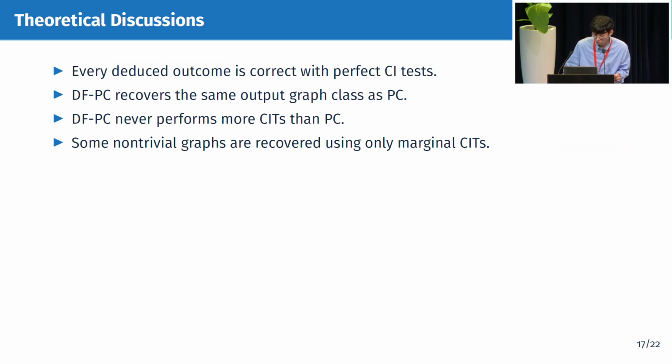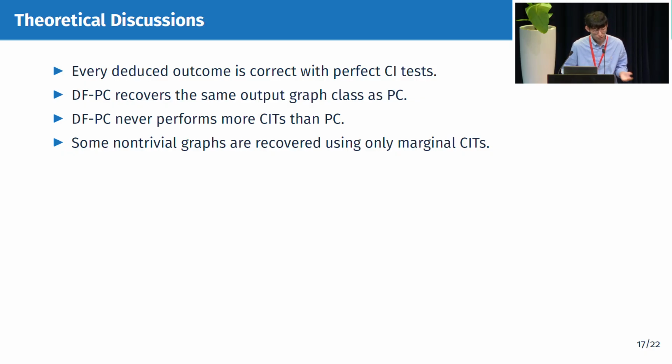We also established some theoretical guarantees for this procedure. First, with perfect conditional independence information, the Oracle tester, every outcome produced by the Deduce engine is correct, which is the correctness of the Deduce engine. The second is that DFPC also inherits the soundness guarantee of the PC algorithm.